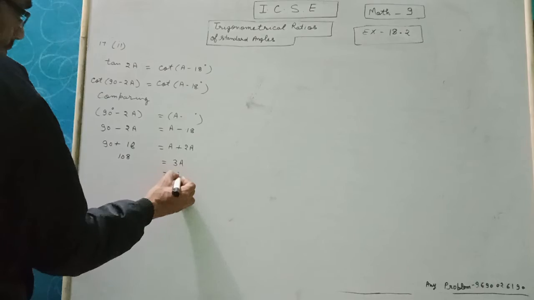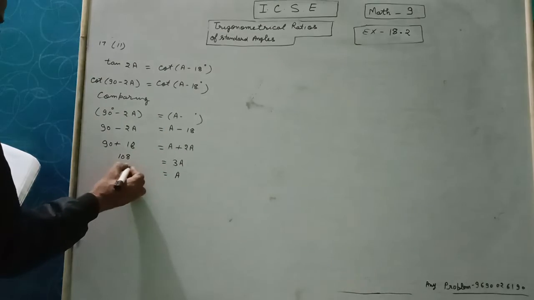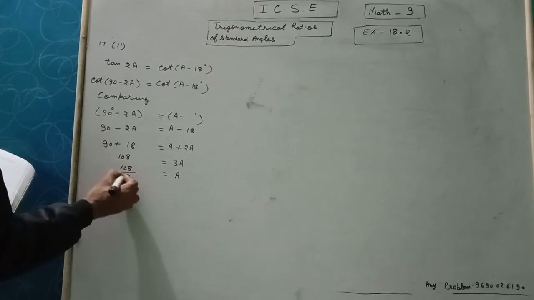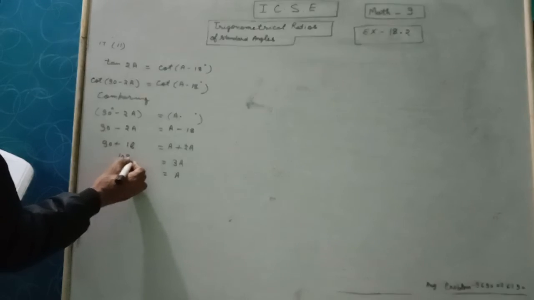A is equal to 108 upon 3, which is 36. Find the value: a is equal to 36.